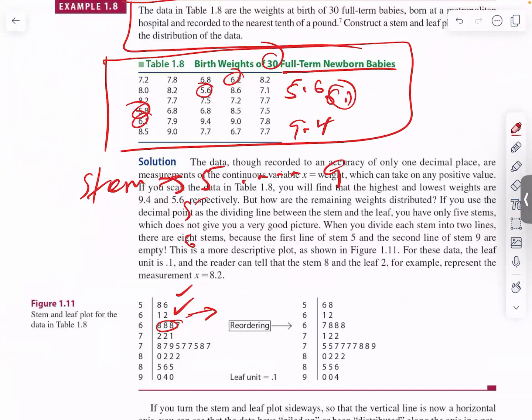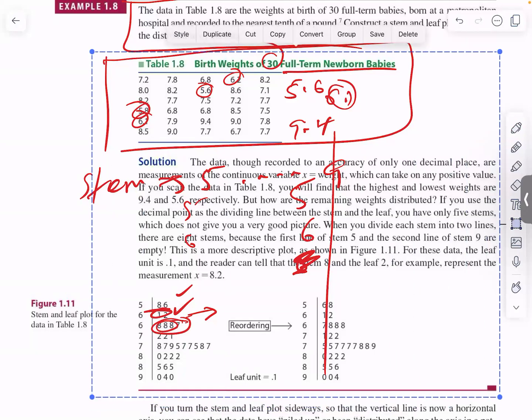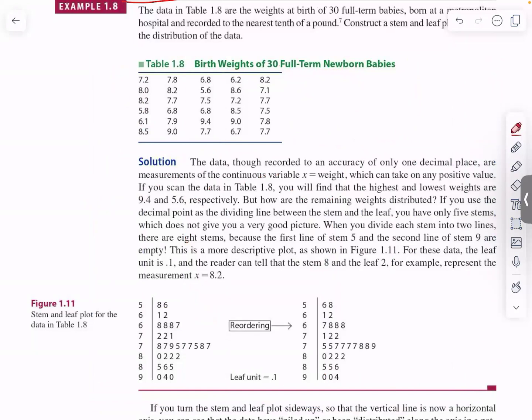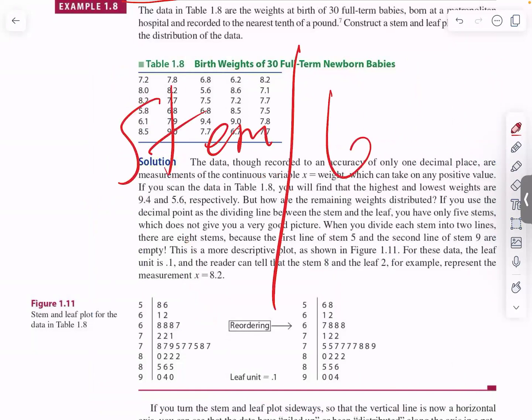You can have a number repeated twice in the stem column. You can have 6, 6, or you can have it only one time, and then you have to merge this and this. Okay, so stem plot. So what is stem plot again? You have stem portion versus leaf portion.